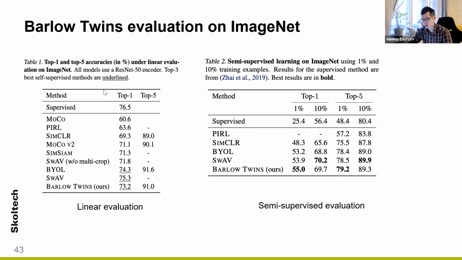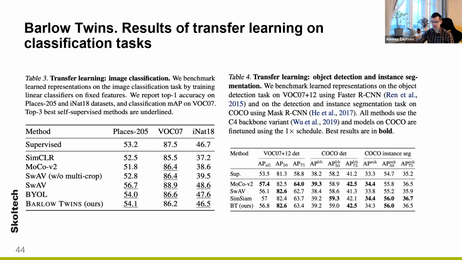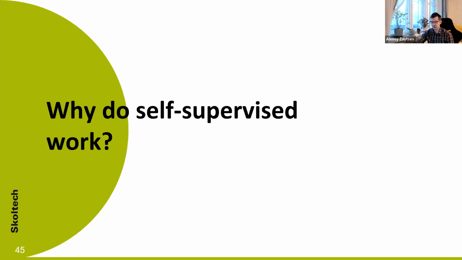Okay, so let's continue with the class. We talked a lot about different versions of self-supervised learning. Some of them are quite recent and quite good in terms of performance. So the next reasonable question is why it works.